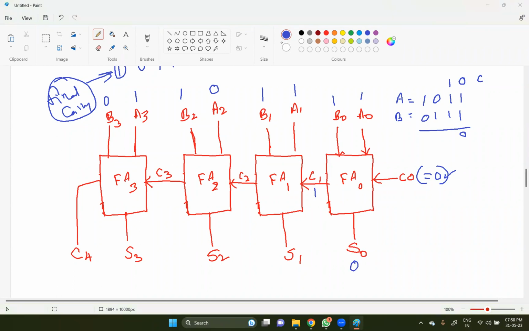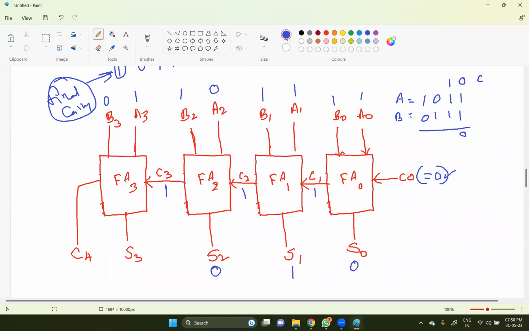Now if you take the second full adder, FA1, 1 plus 1 will be equal to 0 with carry 1. So 0 plus 1 will be equal to 1 and the carry will be equal to 1 again here. And then here, 1 plus 0 plus 1 will be 1, 1 plus 1, the sum is 0 and the carry will be 1 here.